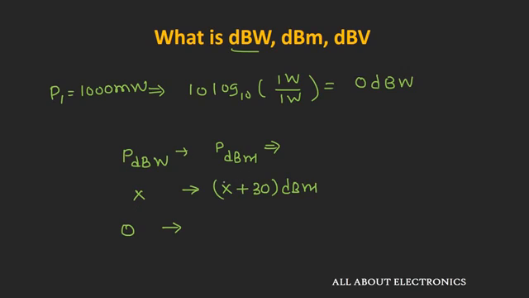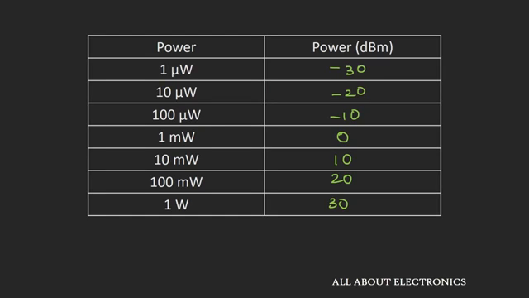As we have seen, 0 dBW in dBm form is 0 plus 30, that is 30 dBm. The same is true the other way: if we have power in dBm and want it in dBW form, we simply subtract 30. I hope this conversion between dBW and dBm is clear to you. Here is a list of some powers and the corresponding values in dBm format.